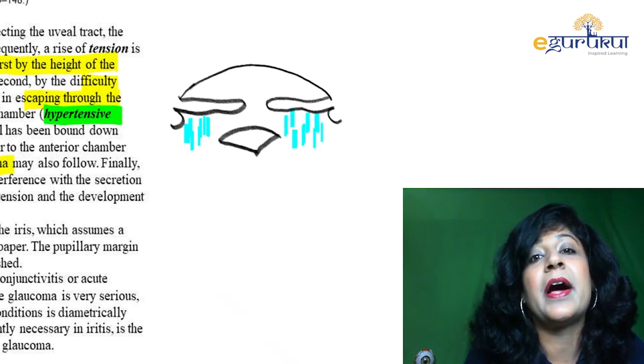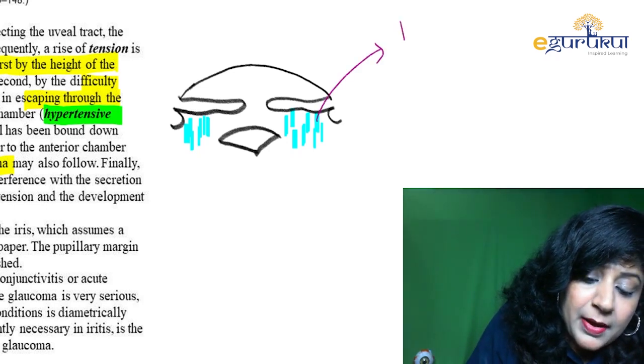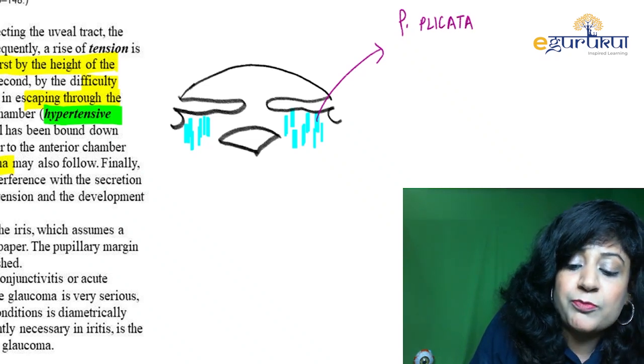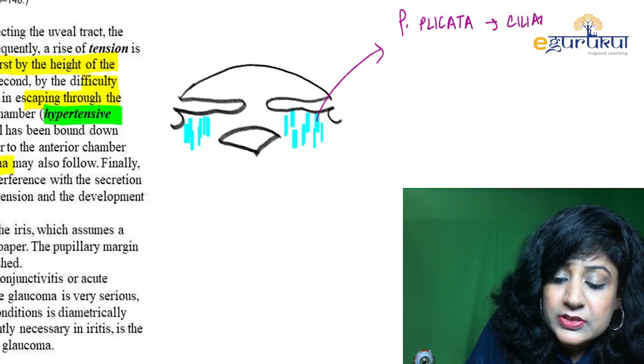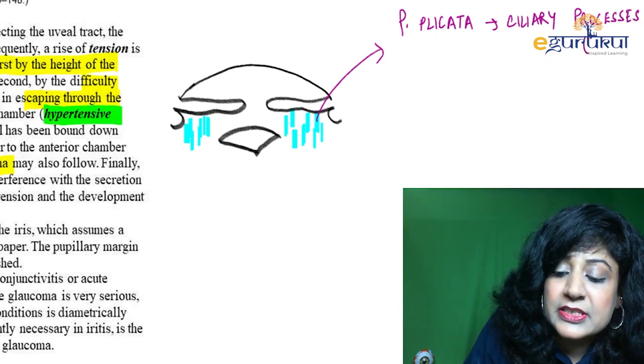Which part? The pars plicata. And which part of the pars plicata? It is the ciliary processes, right? We all know this. And how many ciliary processes do we have? Normal is 70 to 80 in number.